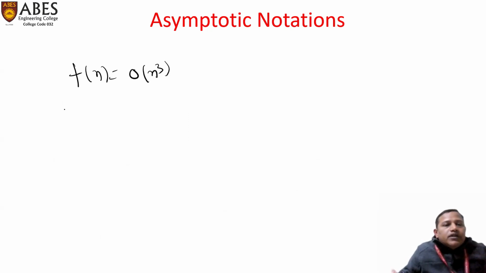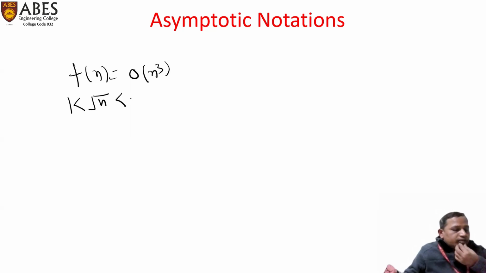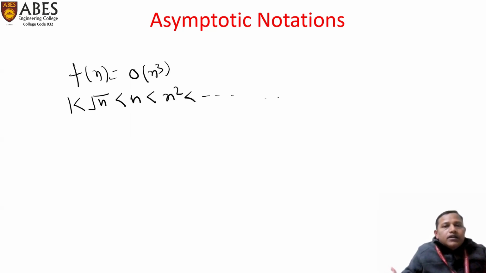This means if there is a comparison between different functions like 1 is less than or equal to root n, less than or equal to n, less than n square, and so on, up to n to the power n.